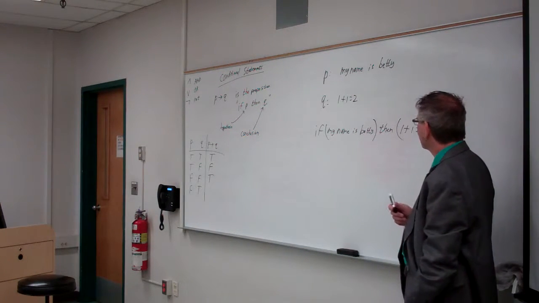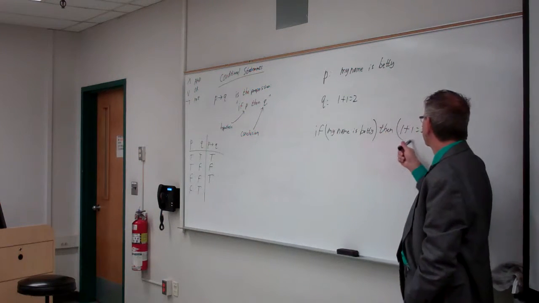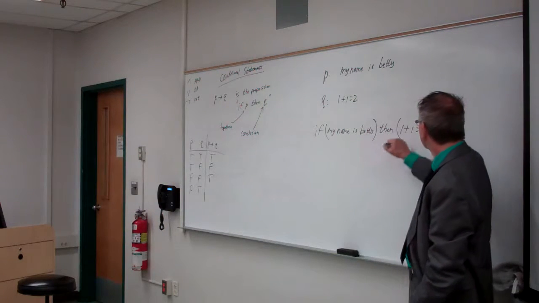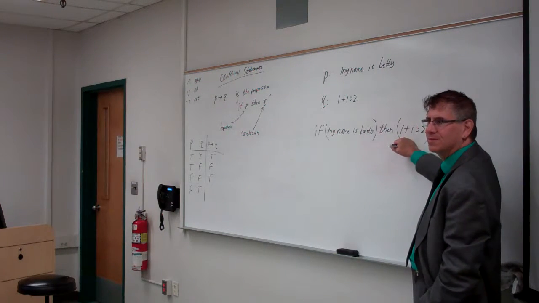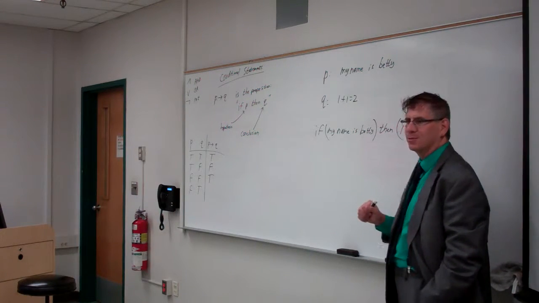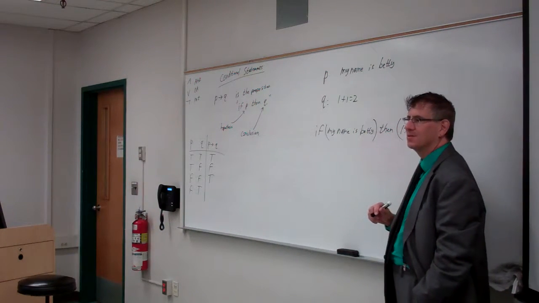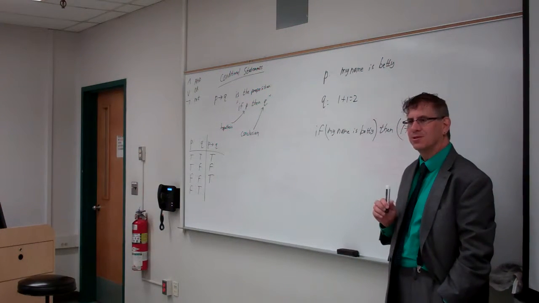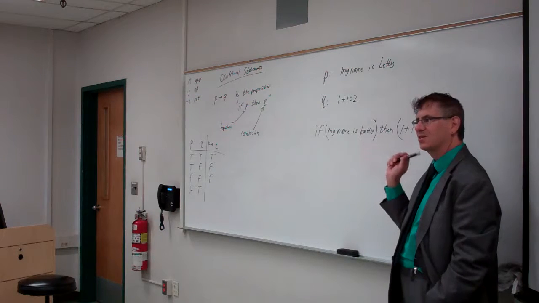We don't believe that if actually I was lying and my name was Betty, that somehow 1 plus 1 would no longer be equal to 2. This is true regardless. If cows can fly, 1 plus 1 equals 2. If the sun blinks out tomorrow, then 1 plus 1 equals 2. This is actually true.